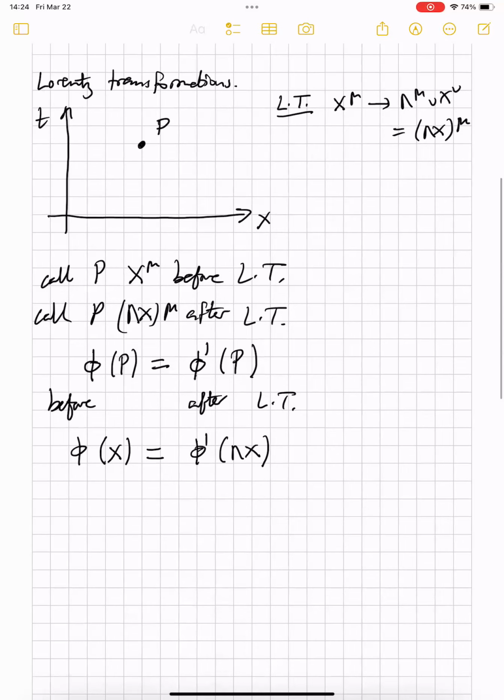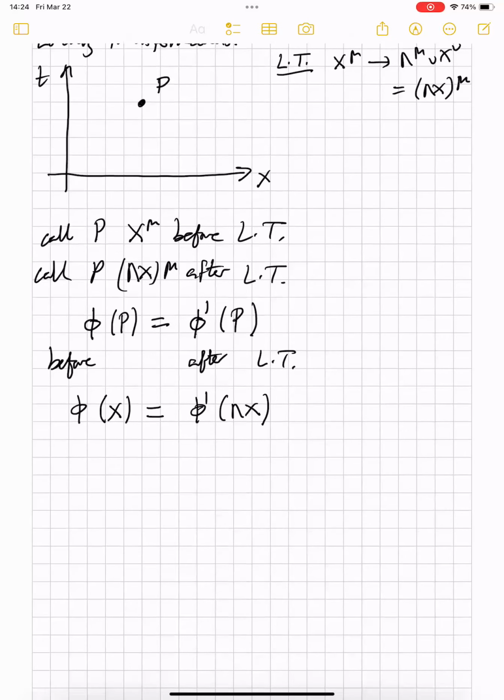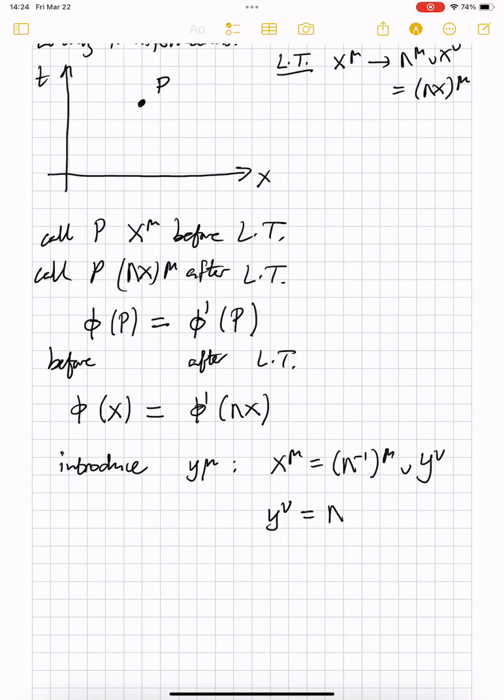Now let's introduce a new coordinate, y mu. And how is y mu defined? Well, x mu is given by lambda to the minus 1 mu nu y nu, or equivalently y mu you can think about as lambda mu nu of x nu.